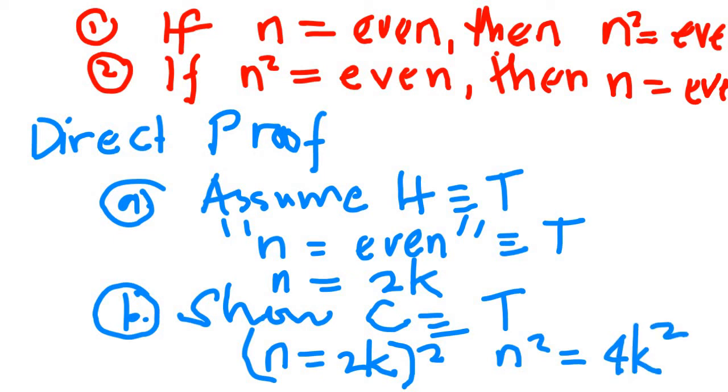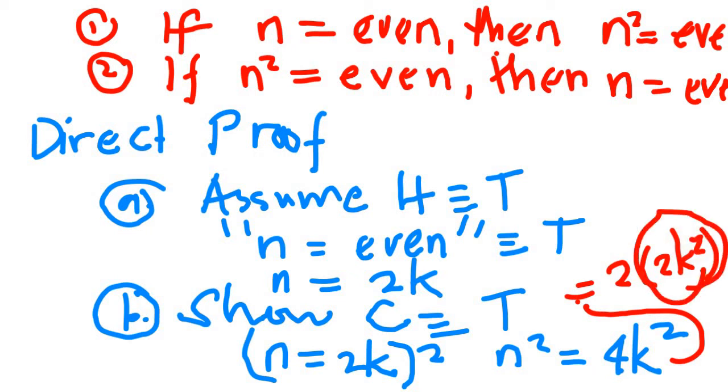And is it even? Is 4k squared even? So if we factor out the 2, this will be equal to 2 times 2k squared.